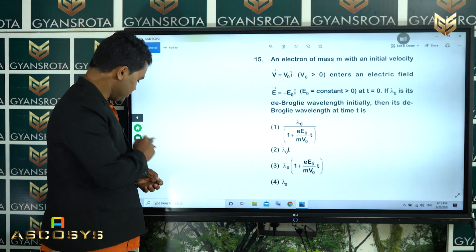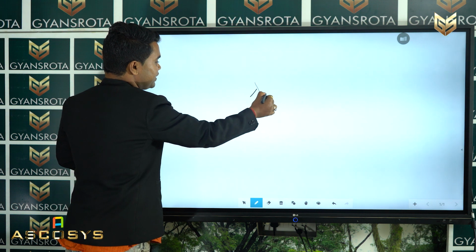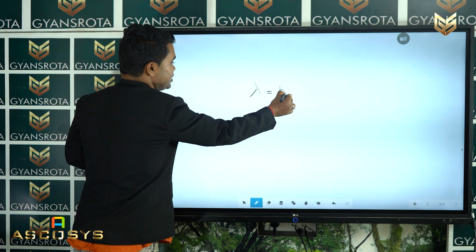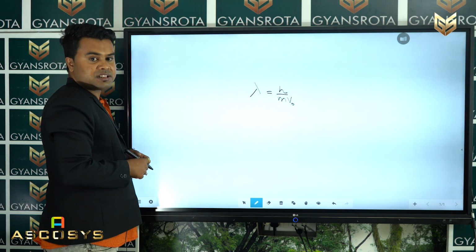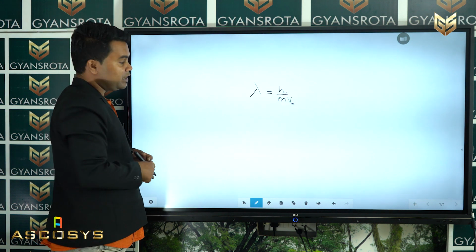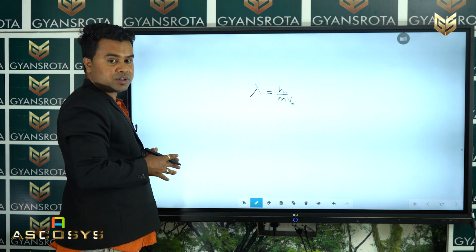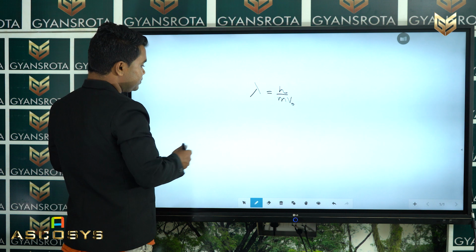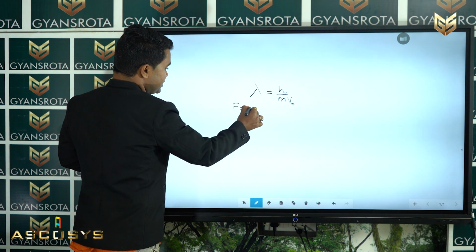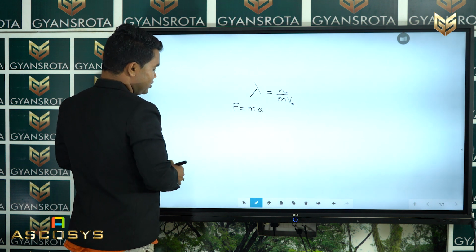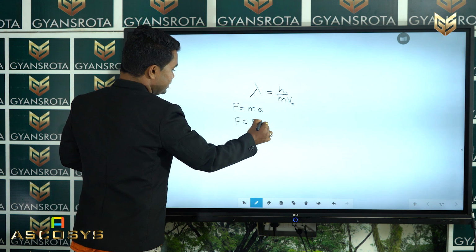Now how do you do this one? As we know, de Broglie's wavelength initially is given by lambda is equals to h by m v naught. This is the initial velocity. Okay. Now in the second case, electric field has come into the concept, right? We know force is equal to mass multiplied with acceleration. When there is an electric field, force is equals to qE.